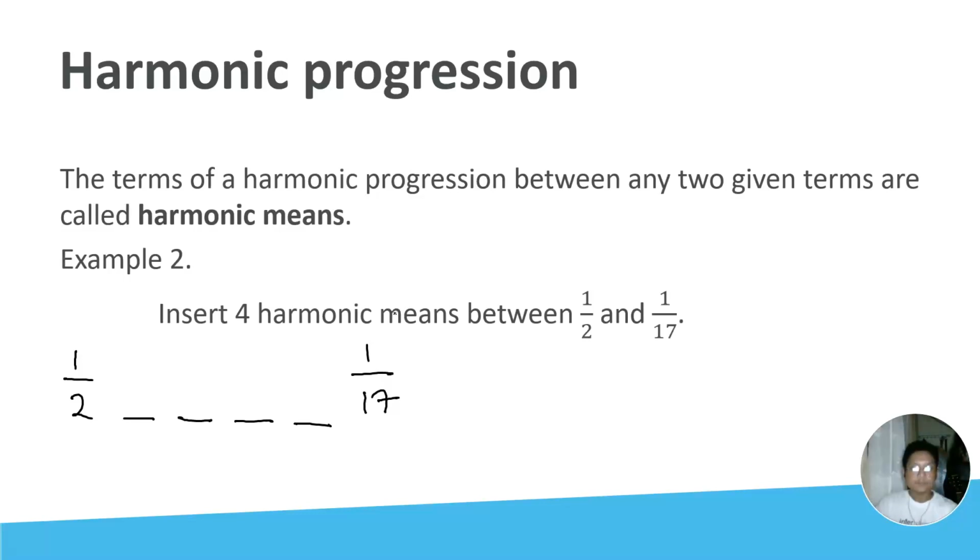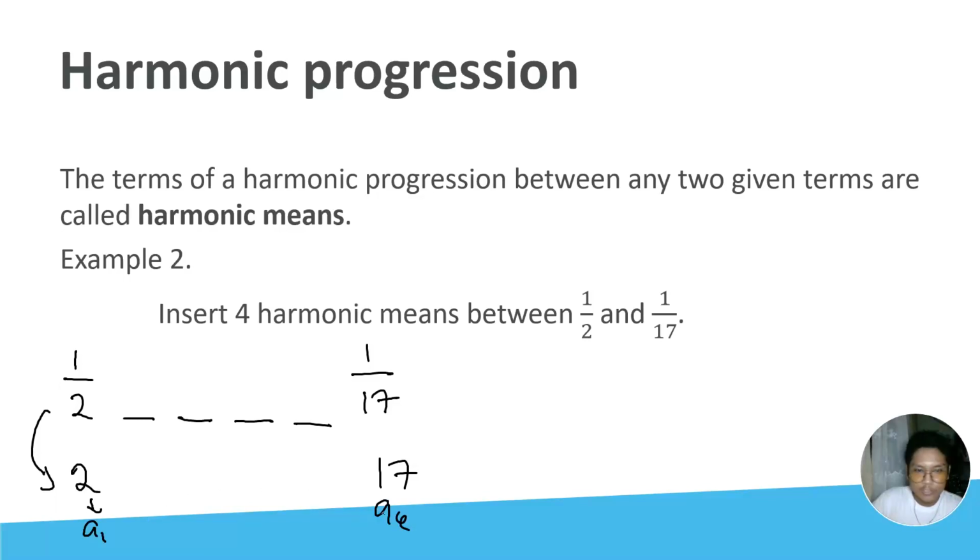So gagawin natin, para mahanap yung harmonic mean, gawin nating arithmetic progression by i-reciprocate natin yung kada term. So, we have 2 and 17. 2 is the first term, 17 is the sixth term.